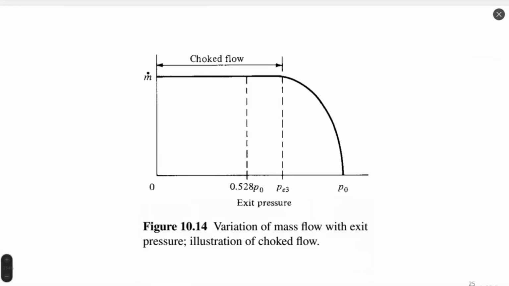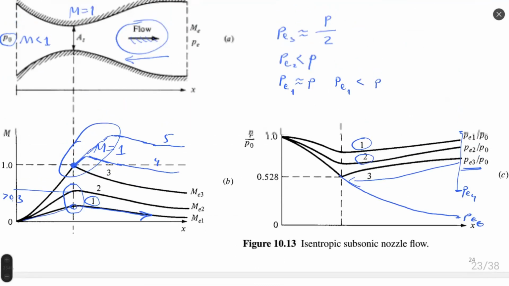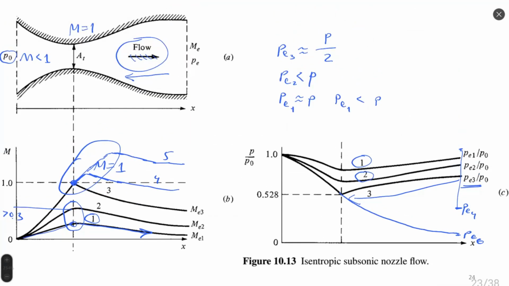Choked flow is an important definition. Choked flow describes for us all flow cases when inside the throat we have Mach 1. So starting from case 3, from figure 13, increasing pressure gradient, we have Mach 1 inside the throat. All these curves 3, 4, 5 go through the same point in the throat, through Mach 1 in the throat.